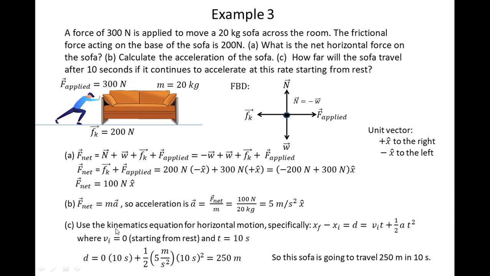And lastly, we wanted to know the distance traveled by the sofa at 5 meters per second squared acceleration after 10 seconds. So to do that, we simply use this kinematics equation for horizontal motion here, where the initial velocity is equal to 0.